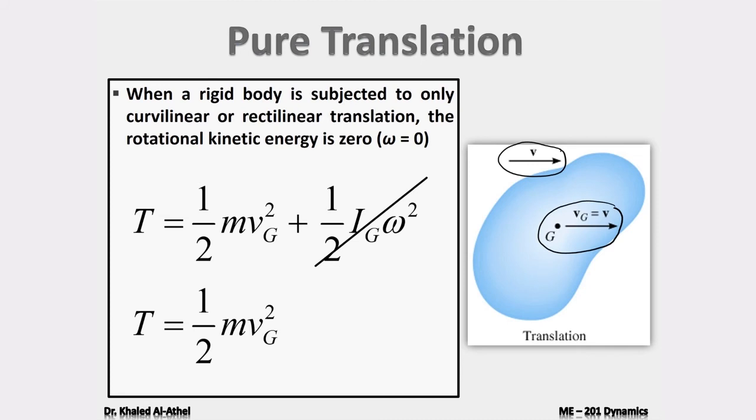In this case, the rigid body is subjected to only curvilinear or rectilinear translation, a velocity that could be either in a curved path or in a straight line, and the rotational kinetic energy now becomes zero. So I end up only with translational effect. This becomes similar to a particle. It's the same as the particle kinetic energy that we discussed in previous modules.